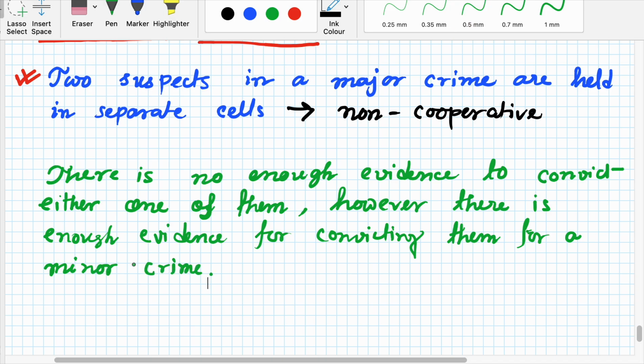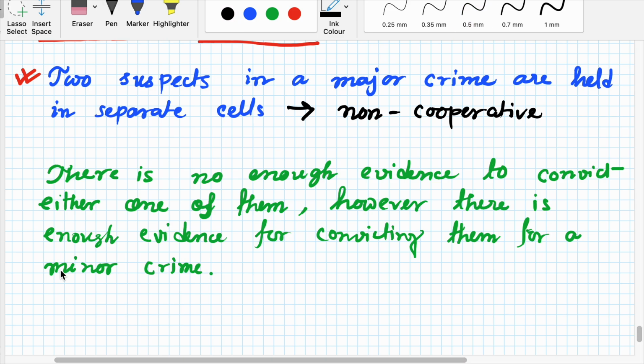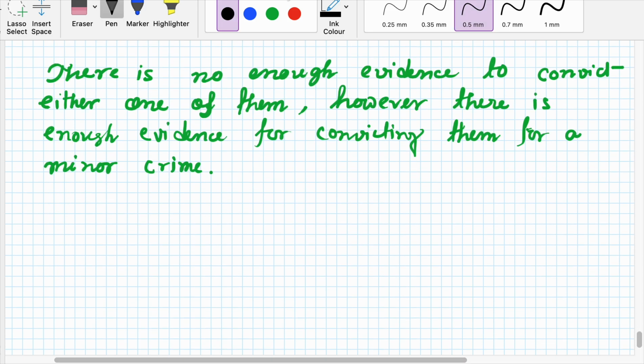So now the job of the police is to get a confession out of them, such that the jury can have enough evidence to convict them for the major crime.